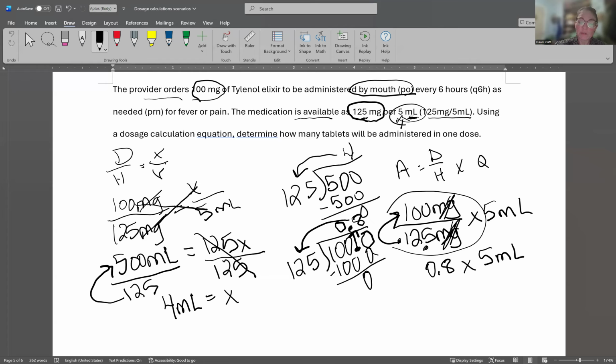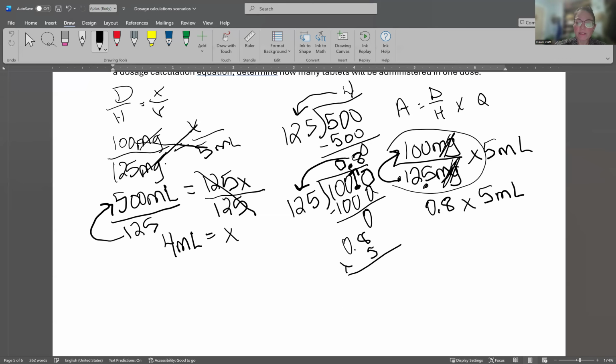Now we're going to multiply 0.8 times 5. 5 times 8 is 40. Anytime that you have a multiplication that has a decimal point in it, you have to count how many places the decimal points are at, even if they're on top or bottom.